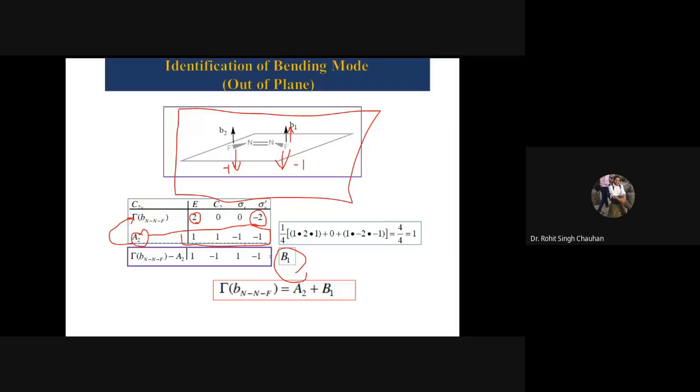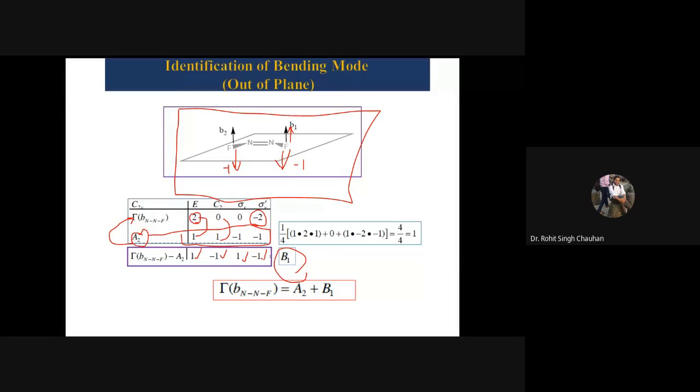See, no need to subtract the whole thing. If you subtract 2 minus 1, what will it become? It will be 1. Now 0 minus 1, so it is minus 1. 0 minus 1, because we are subtracting, so it will be plus 1. So minus 2 minus minus 1, it means minus 2 plus 1, so it is minus 1. So what is your next job?